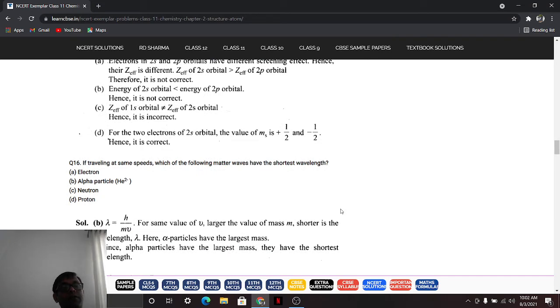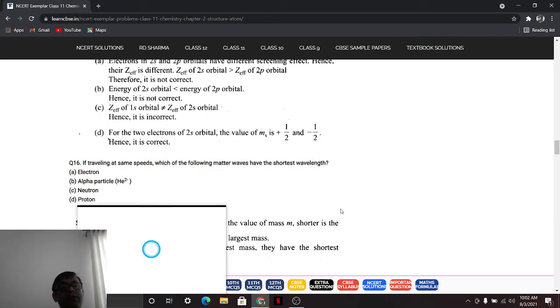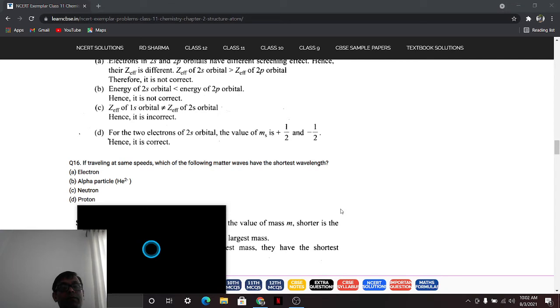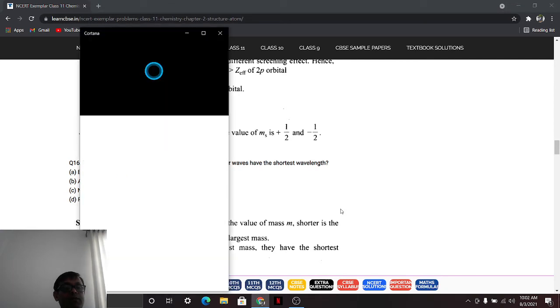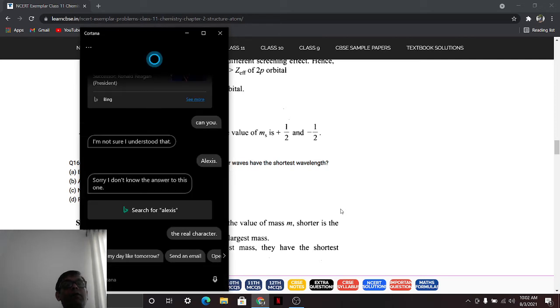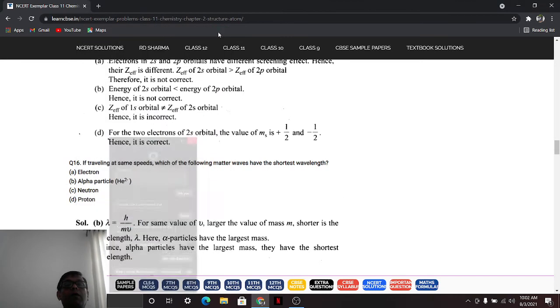For the two electrons in the 2s orbital, the value of ms is plus half for clockwise spin and minus half for anti-clockwise spin. Hence, it is correct.